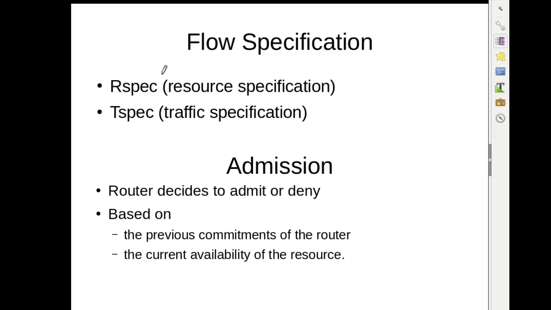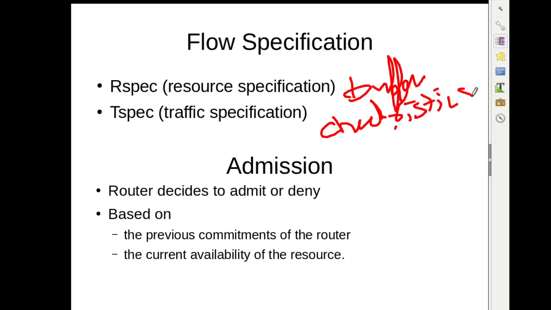In the resource specification, it defines the resources that the flow needs to reserve, like buffer, bandwidth, etc. And the traffic specification defines the characteristics of the flow. So these specifications they have to define.